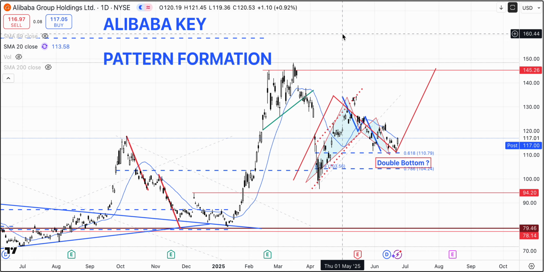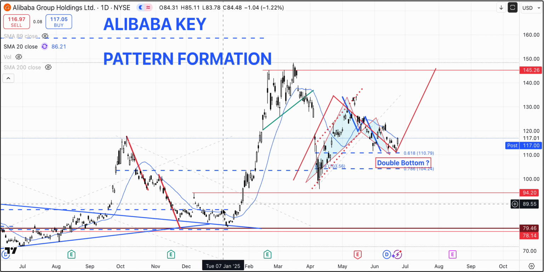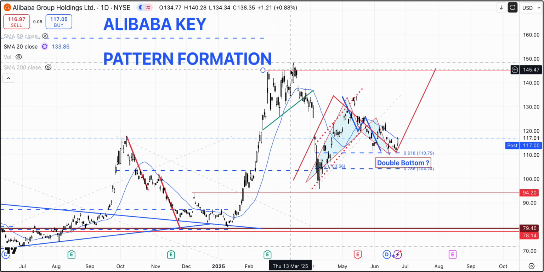It deserves its own video where I will explain in detail the technical pattern formations behind what we are looking at, but I will just briefly describe. So we have a long-standing target of about $160 per share for the Baba stock, and when the stock rallied really nicely, we were calling for it.